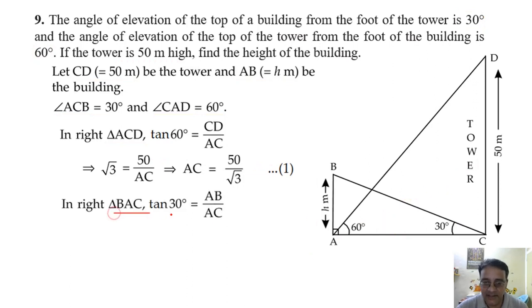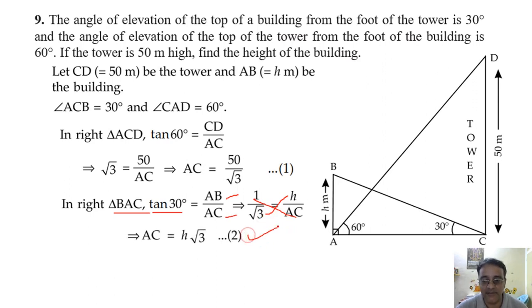Right? So in this triangle, tan 30 degree is equal to opposite by adjacent, that is AB by AC. What is the value of tan 30 degree? 1 by root 3. So 1 by root 3 is equal to h by AC. So we will cross multiply this. So we'll get AC is equal to h root 3. Let it be equation number 2.